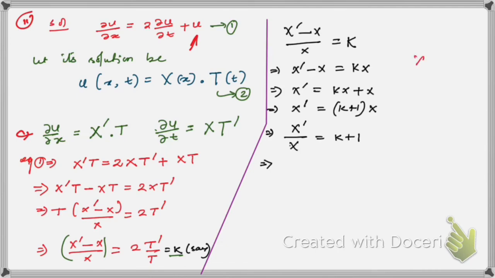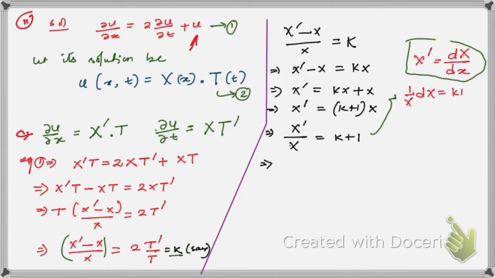I have already told you that this X dash is equal to dX by dx. Now you see, if you put X dash is equal to dX by dx, then this equation will take the form of 1 by X dX equals k plus 1 dx.